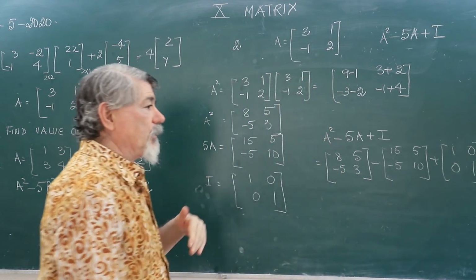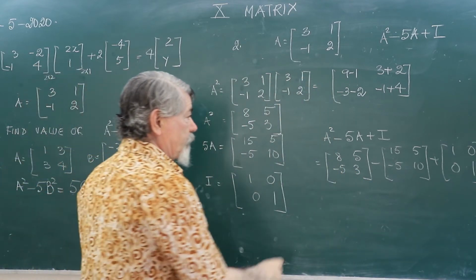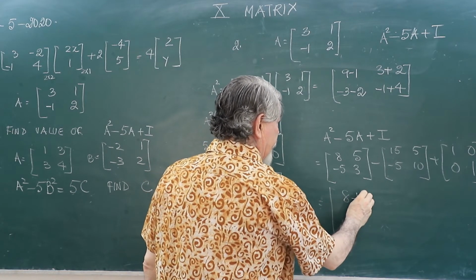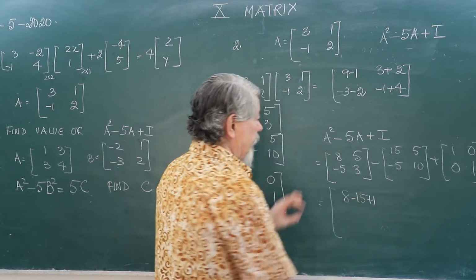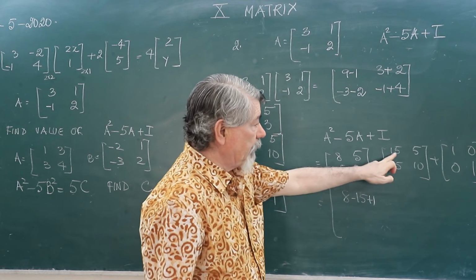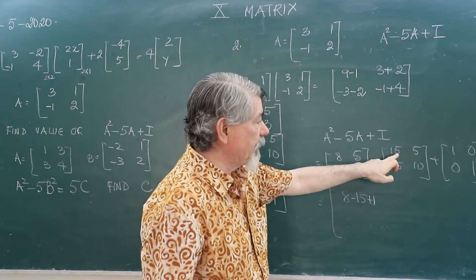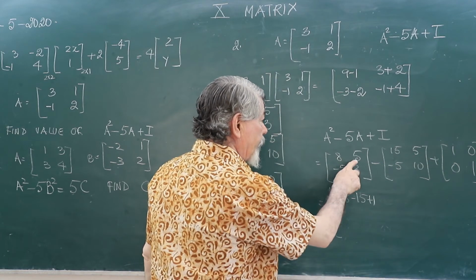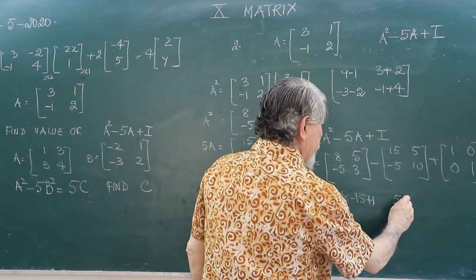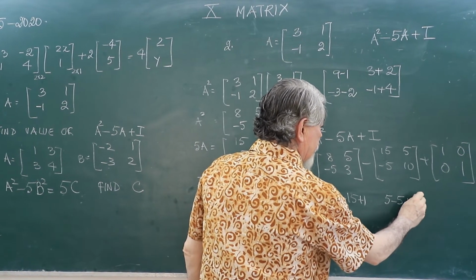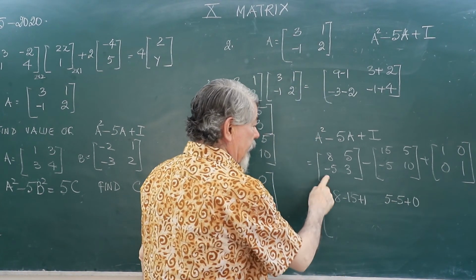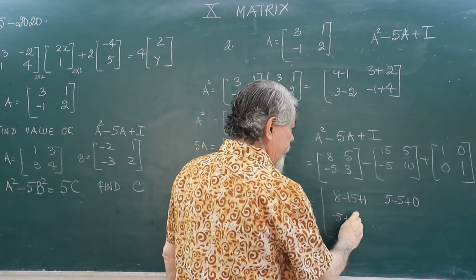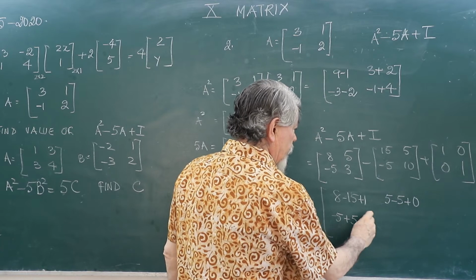So when we add all these corresponding elements, let us see what we get. We will get 8 minus 15 plus 1. 8 is the first element here, minus 15 because of the minus sign, plus 1 here. Then 5 minus 5 plus 0. Then minus 5 minus 5 plus 0.